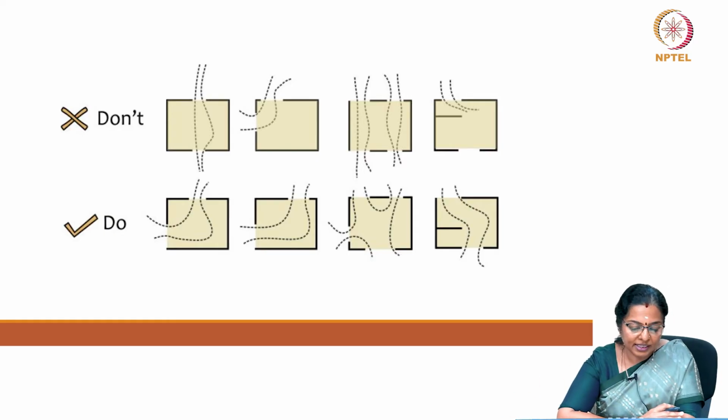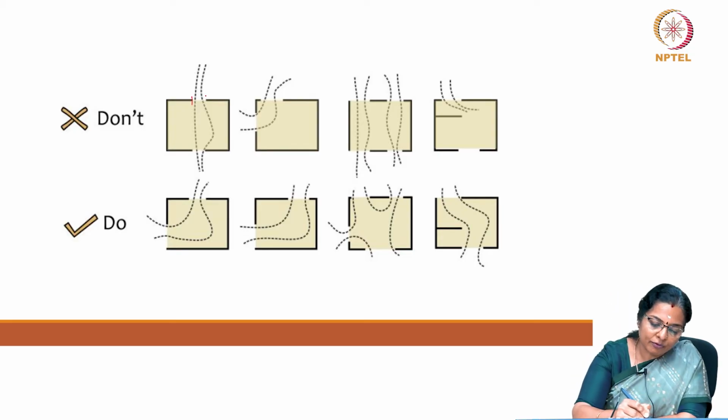So, what is it that you should not do and what is it that you should do? Try to avoid placing windows directly across each other, because doing this will not facilitate breeze movement in these two areas of the room.